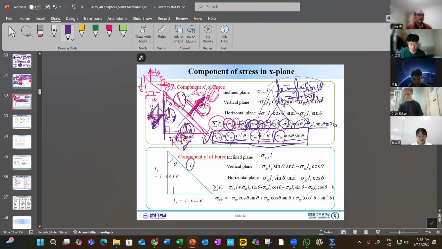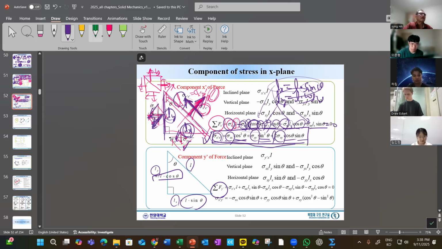Here is the L, and L cosine theta, and then L sine theta. This is the Ly and Lx. Now we can do exactly the same. In the different force equilibrium, we can consider the y prime directional force this way.